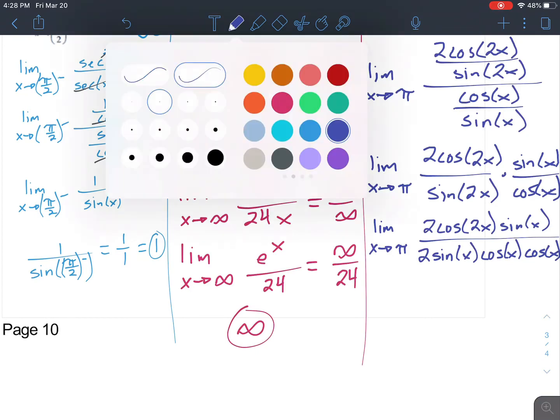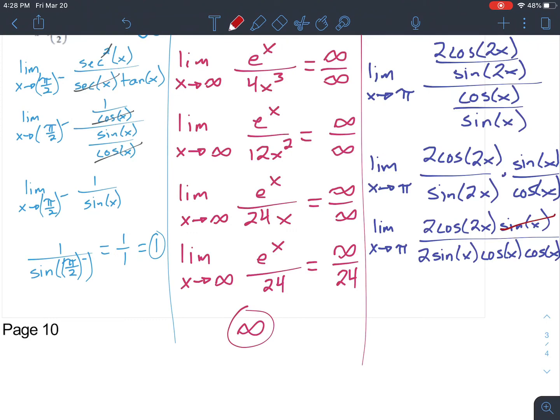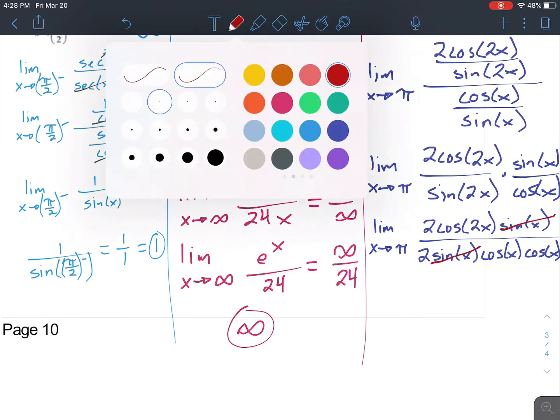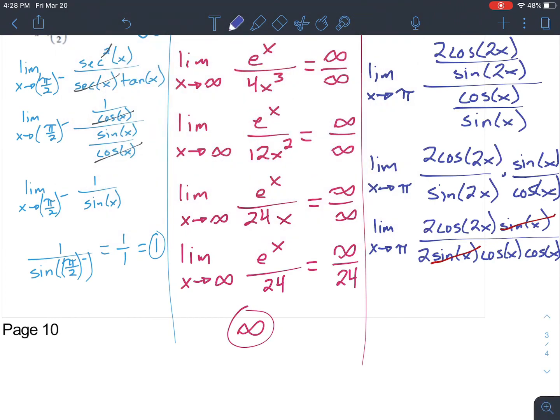Now what I see is that there's a sine of x that cancels from the top and bottom. And we finally are getting to a point where we are going to be able to solve this. If I put pi now into everything that remains, we're going to have 2 times cosine of 2 pi over 2 times cosine squared of pi.